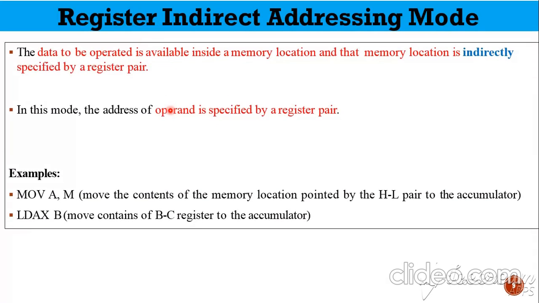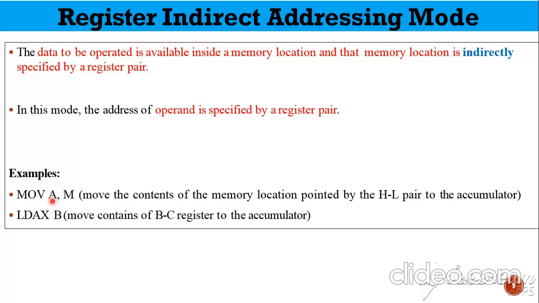Then comes register indirect addressing mode. In register indirect addressing mode, the data to be operated on will be available inside a memory location, and that memory location will be indirectly specified by a register pair. So in the instruction, the register pair will be there.